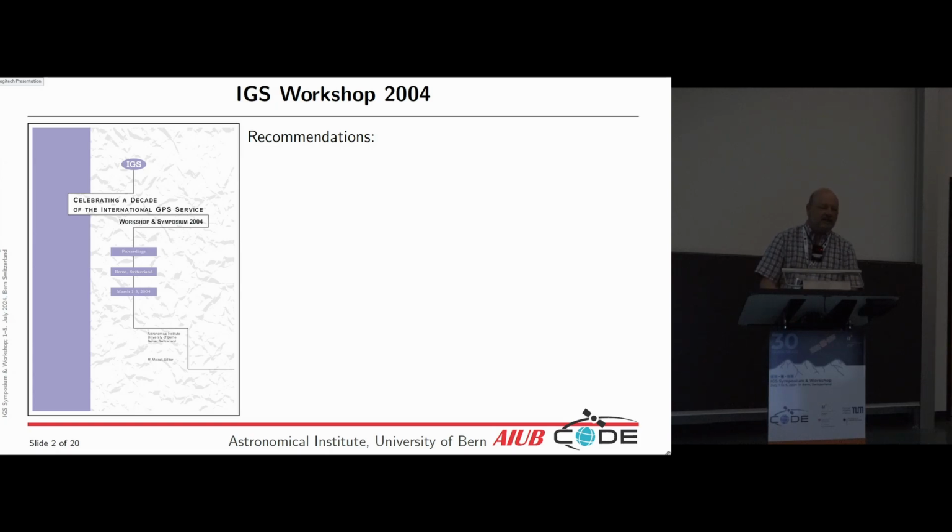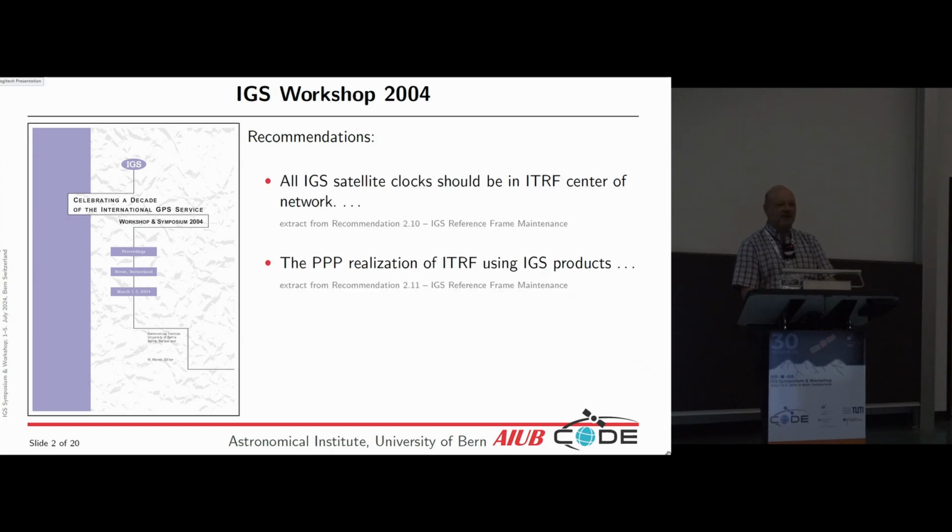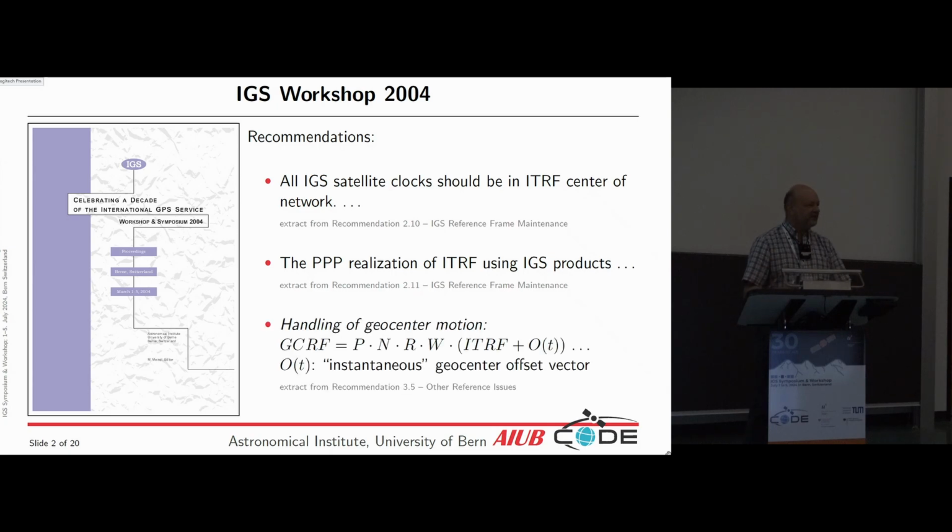So the discussion on how a PPP should behave regarding the geocenter is quite old. 20 years ago, in the same room, the IGS had a great debate on this, and in the recommendations, more or less the conclusion of the discussions is that a PPP has to end for the user in coordinates in the ITRF.